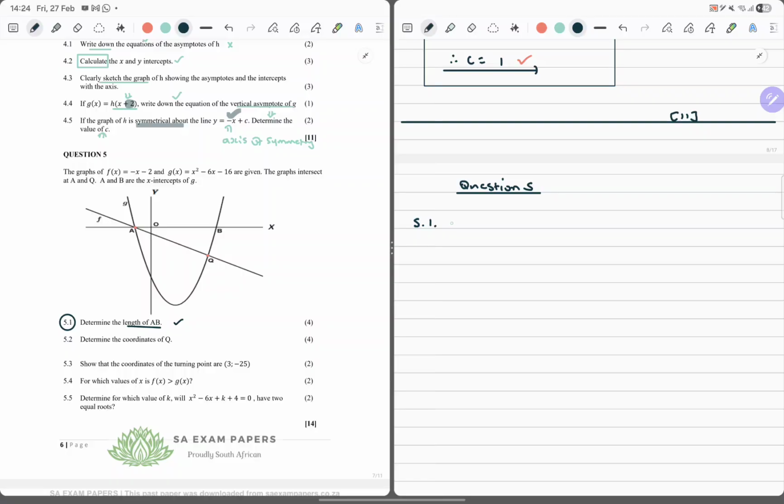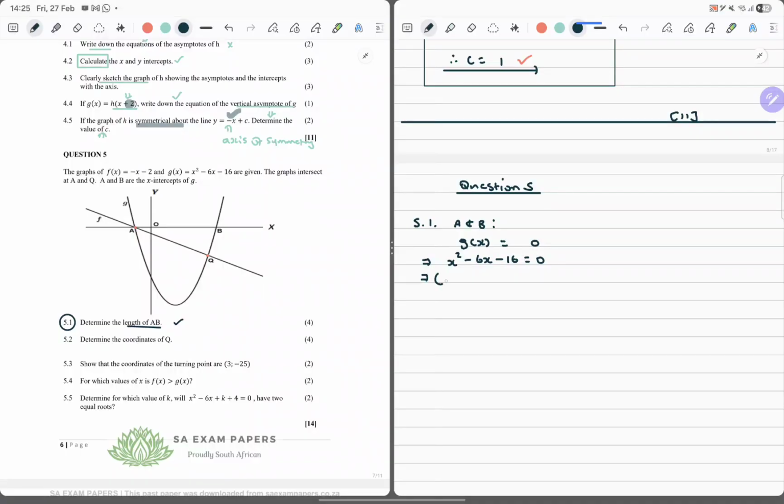But now we know that A and B, guys, are the x-intercepts of the graph, such that g(x) must be equal to 0. So this implies x² - 6x - 16 = 0.